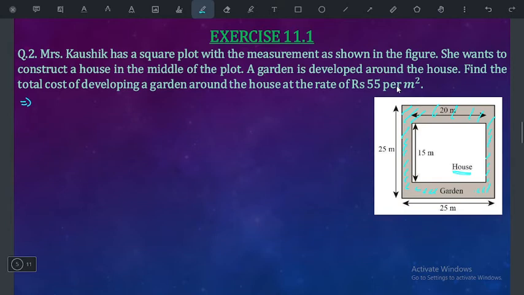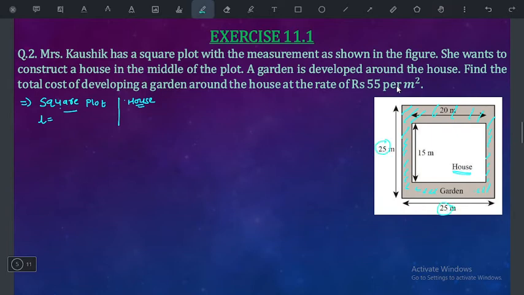First we have two shapes. First is the square plot, and second one is your house. For the square plot, the length is 25 meter by 25 meter.